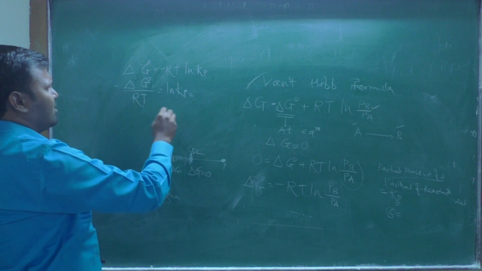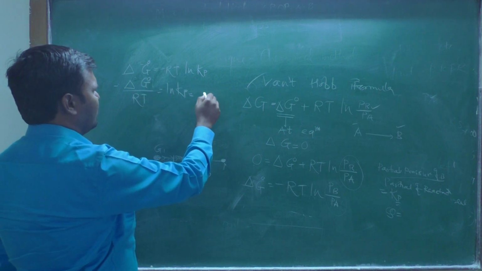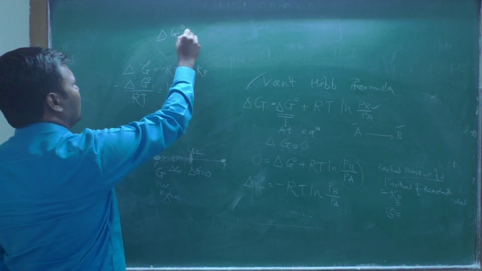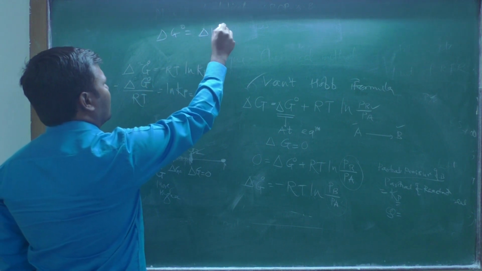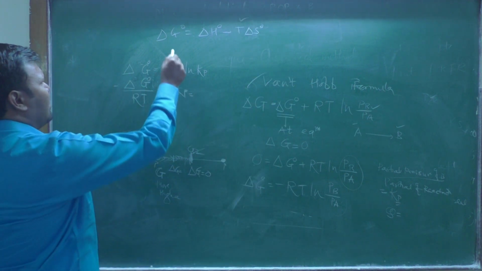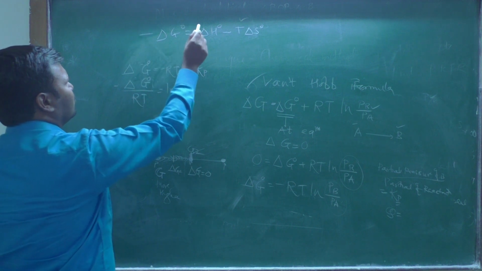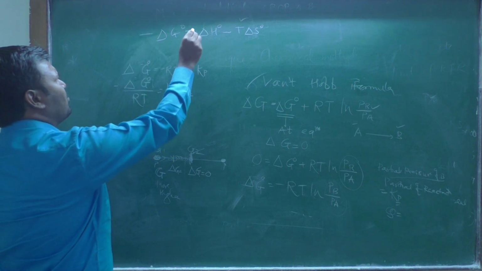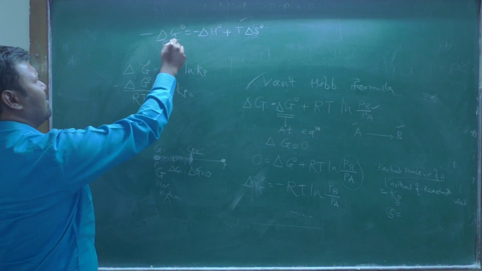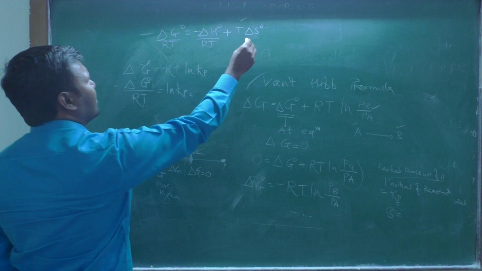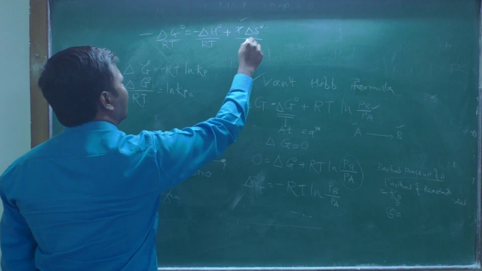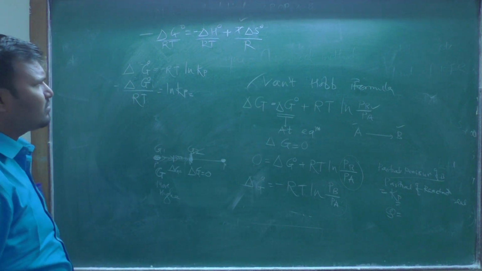We know that delta G naught is equal to delta H naught minus T delta S naught. We have studied this equation. When we give the negative sign on both sides, the positive sign becomes negative and the negative becomes positive. When you divide each term by RT, T cancels and R remains.